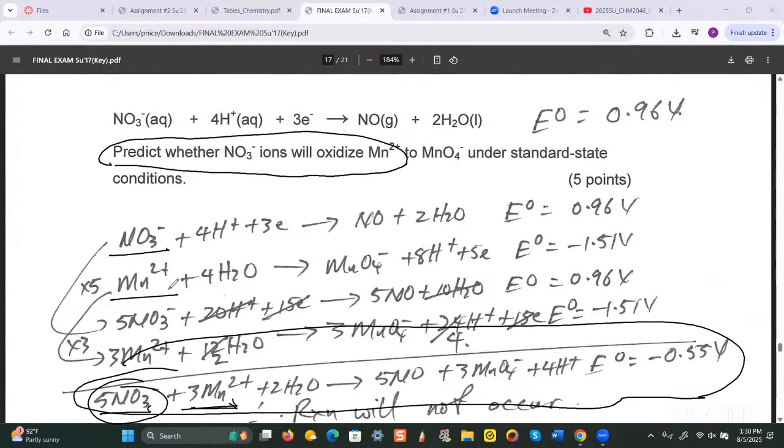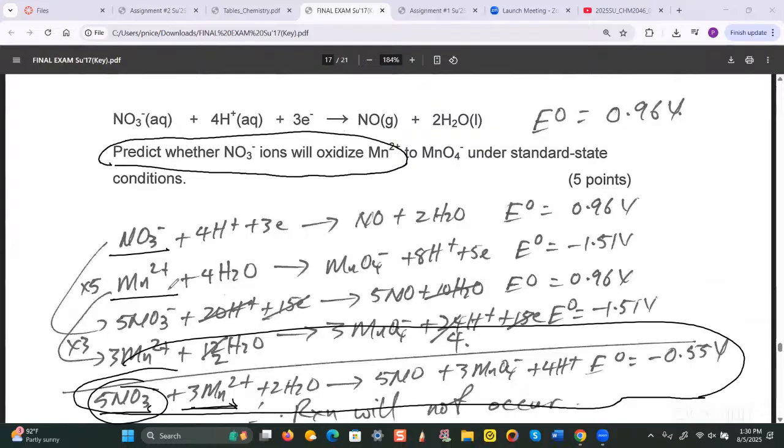Exactly. And then after you go through all the steps and find the EMF value, you're going to see what the sign of the EMF value is for the oxidation of the manganese by the nitrate. And we see that it's negative. So therefore, we know that that oxidation will not take place. We know that that oxidation is not spontaneous.